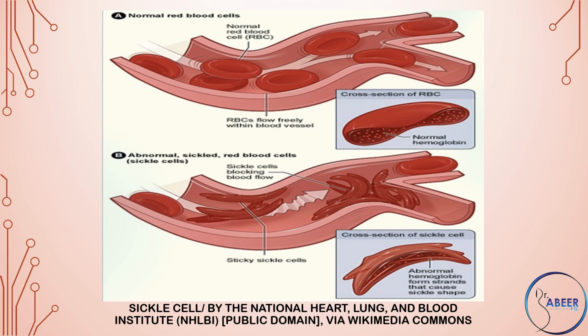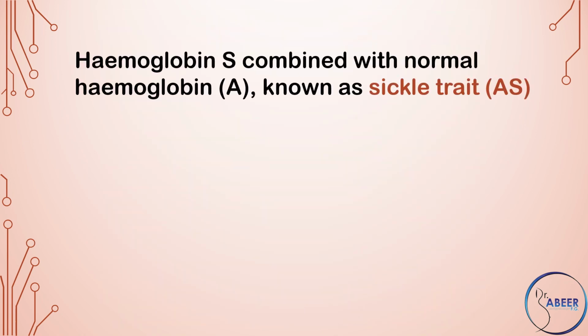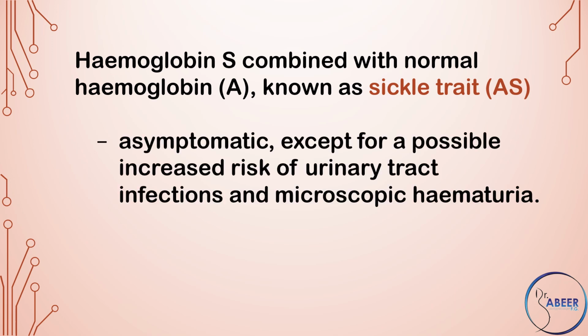All of these genotypes will give a similar clinical phenotype of varying severity. Hemoglobin S combined with normal hemoglobin A, known as sickle trait or AS, is asymptomatic except for a possible increased risk of urinary tract infections and microscopic hematuria.